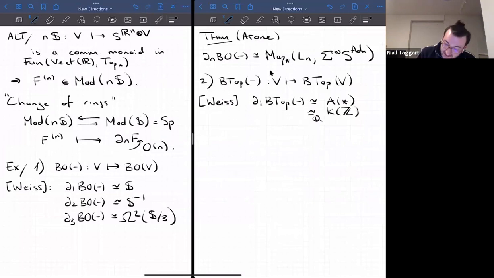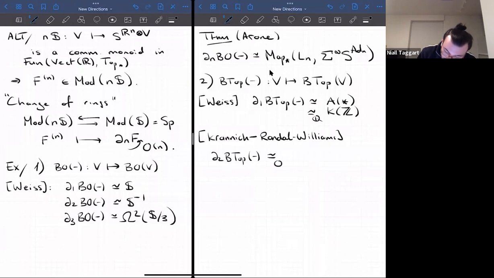And we know its second derivative rationally. So this is some pretty recent work of Manuel Krannich and Oscar Randal-Williams. It says that the second derivative of BTop rationally is maps from S^1 to a desuspension of the sphere spectrum.